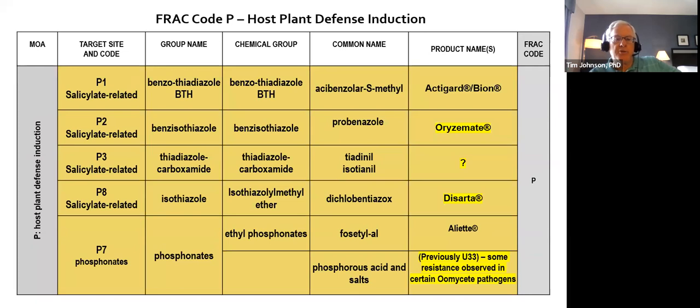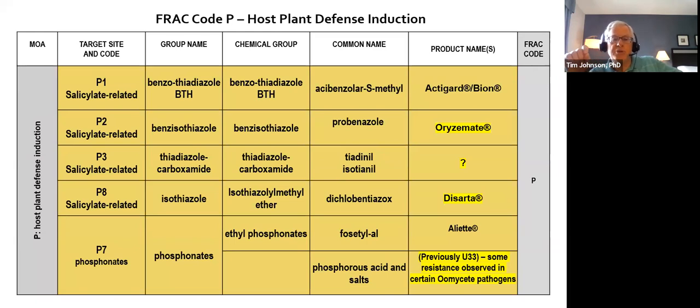So the first three, P1, P2, and P3, are all salicylate related chemicals. They are somewhat chemically similar. P1, which is S-benzylar S-methyl, or the active ingredient in Actigard and Bion, was the very first compound that was given FRAC code in this group P. So the group P was essentially founded because of this active ingredient.